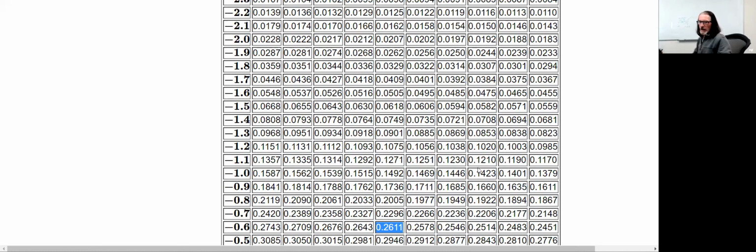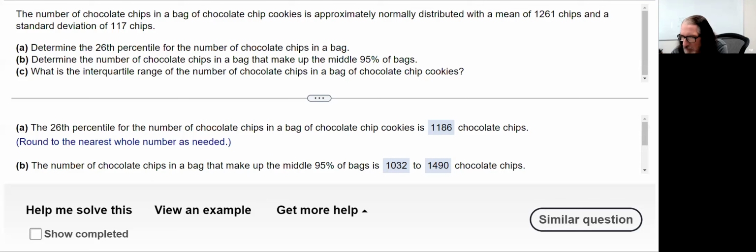When we had a mean of 1261 as a raw X score and a standard deviation of 117, we're going to be solving the following.